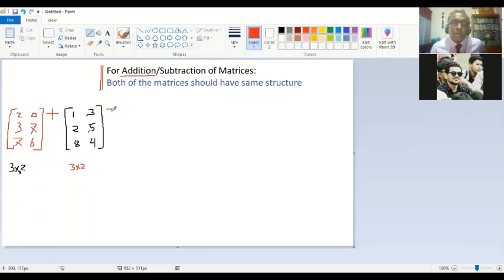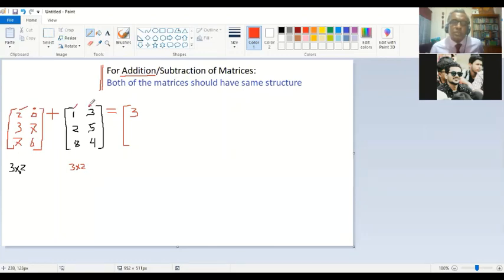So what will be the answer? The answer is very, very simple. You will just add the numbers at the same position. That is, 2 will be added with 1, so it is 3. And then 0 will be added with 3, because 0 is the second number, 3 is the second number.